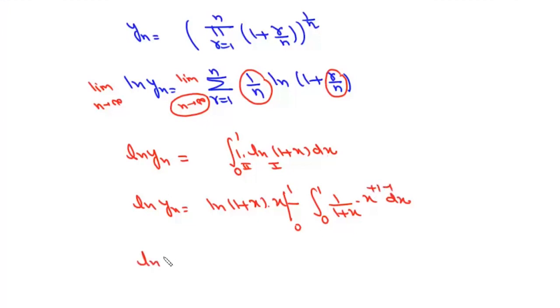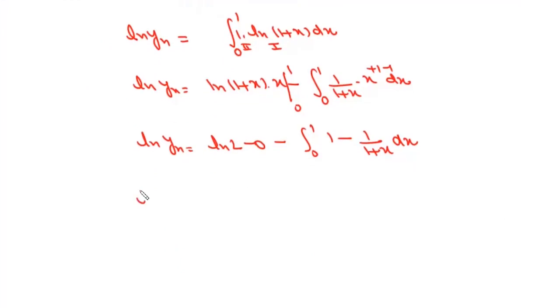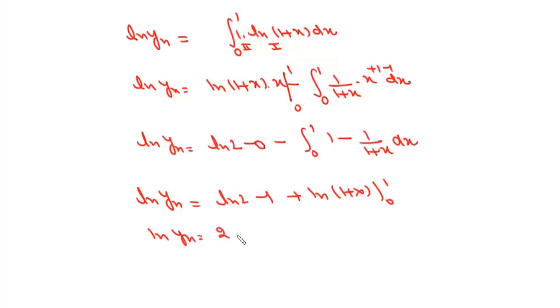So log yn is log 2 minus 0, minus the integral from 0 to 1 of (1 minus 1 upon 1 + x) dx. So log yn is log 2 minus 1 plus log(1 + x) from 0 to 1. So log yn will be 2 log 2 minus 1, which is log of 4 upon e.